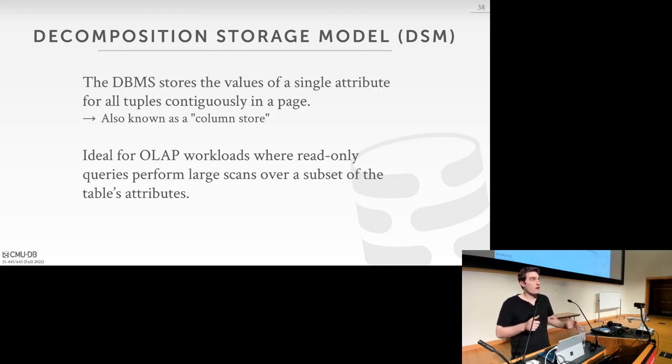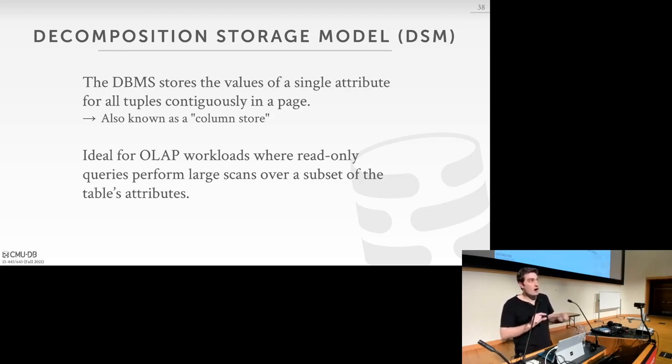So rather than storing all of the different attribute values for a single tuple contiguously, we're going to extract all of the attribute values for a single column, which is where the name column store comes from. We're going to extract all of those values and store those contiguously for several tuples. So this is ideal for OLAP workloads where you have a lot of read-only queries. You don't have to do many updates or writes in general. And you want to perform large scans, particularly over subsets of the attributes.